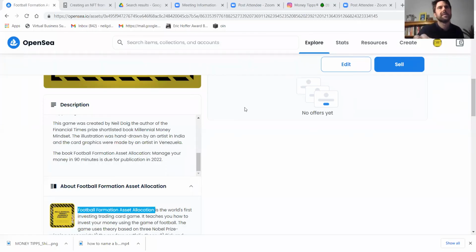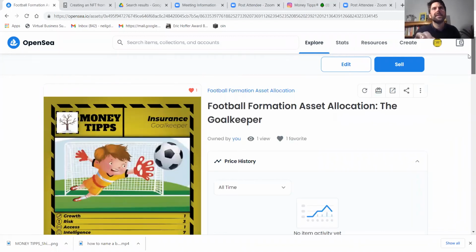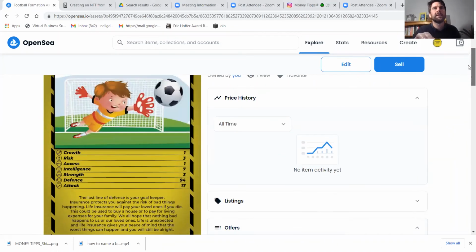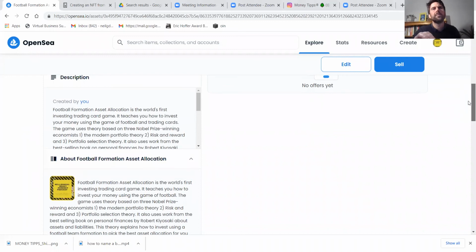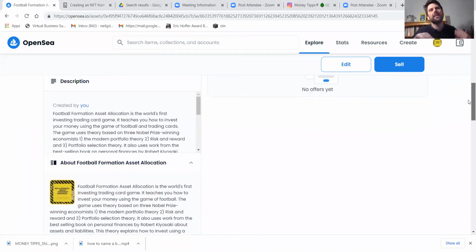Hopefully you can see this. I've already printed some on the blockchain, but I'm going to do another one today. This is Football Formation Asset Allocation. This is my goalkeeper. Football Formation is the world's first investing trading card game.